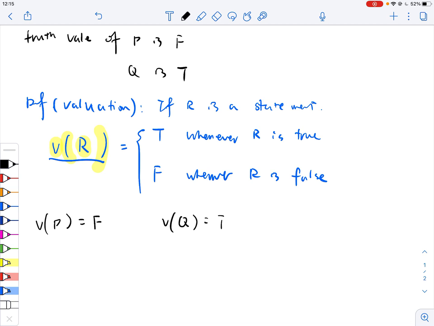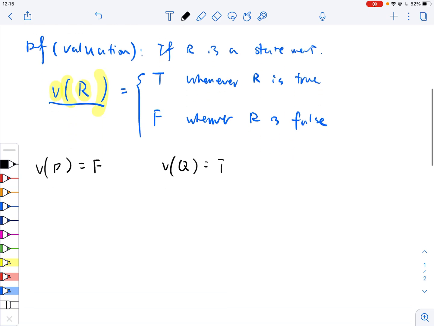For those who have a slightly more solid foundation in math, you might notice that V can be thought of as a function whose domain is R, which is statements, whose range is either T or F.